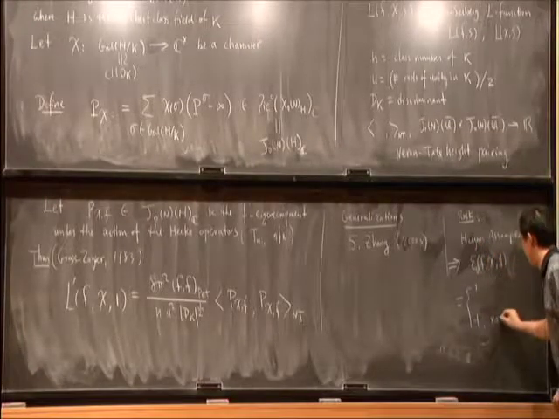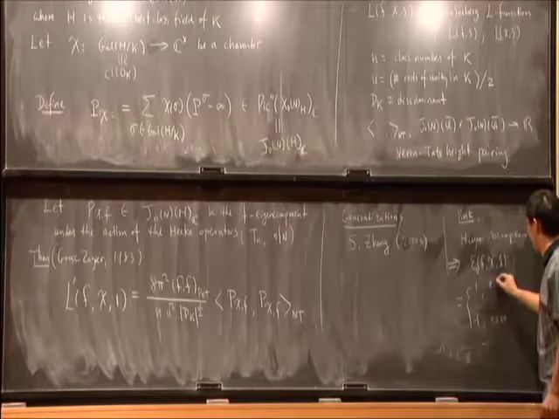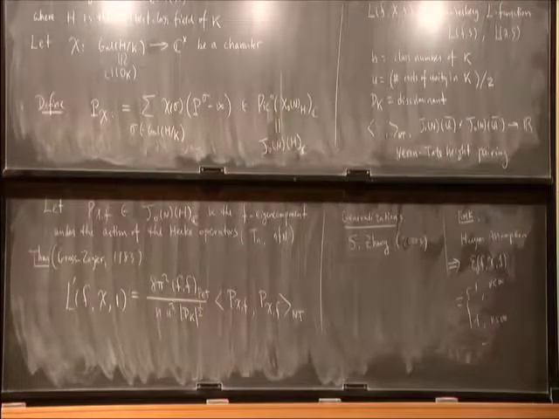This is for v equal to infinity, and this is for v finite. So now the global root number is -1.